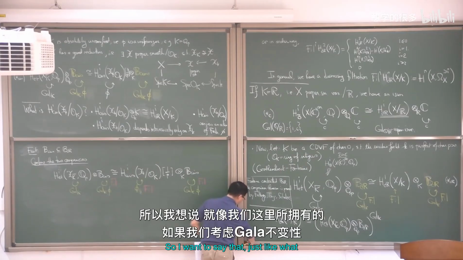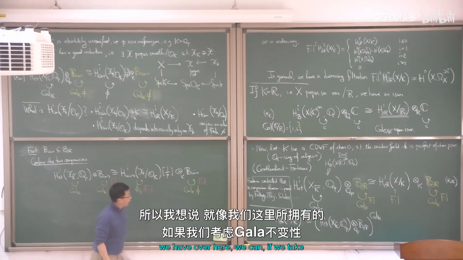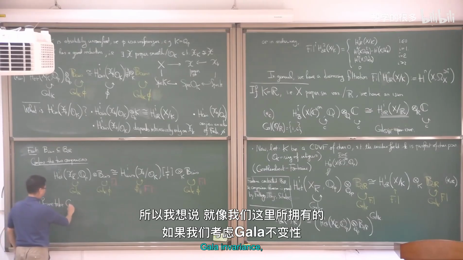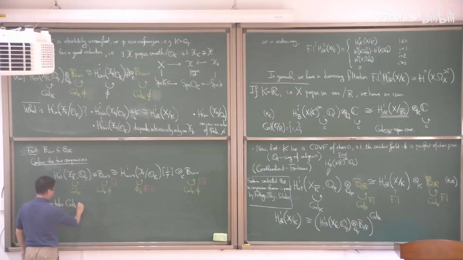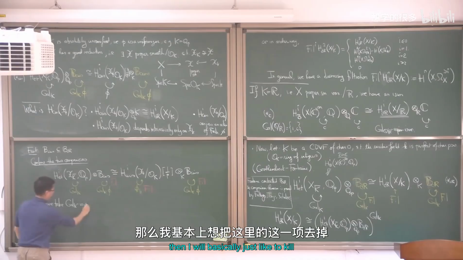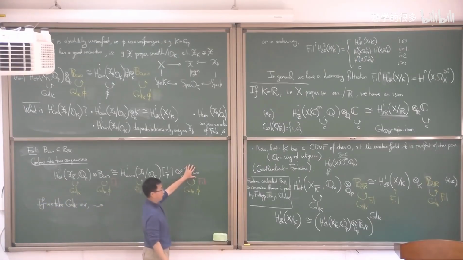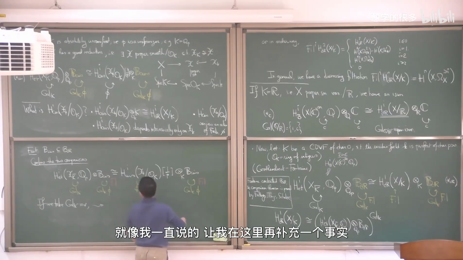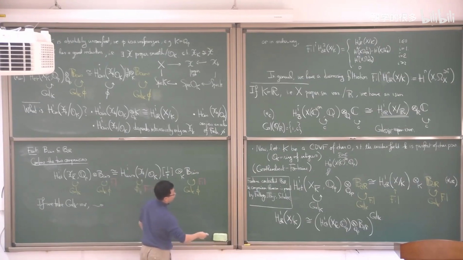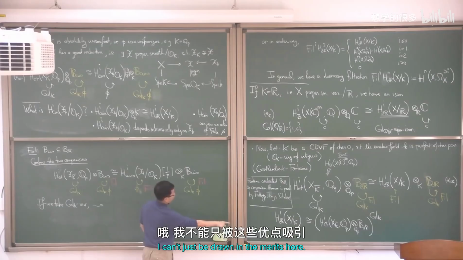Right. So I want to say that just like what we have over here, if we take Galois invariance, then I will basically kill this term here. Just like how I kill, let me add another fact here. I didn't write this B dR invariance here, sorry.